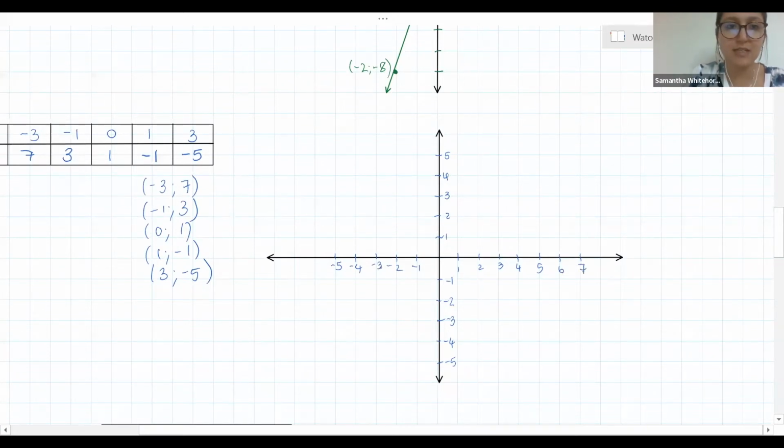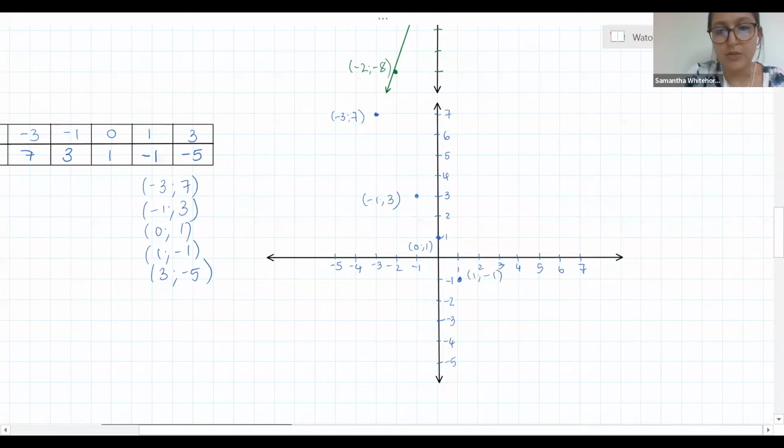First one is -3, 7. Let me just make this a bit longer. So -3, 7 is going to be this point up here. Again, I'm going to label them. You don't have to if you don't want to. -1, 3. 0, 1. 1, -1.